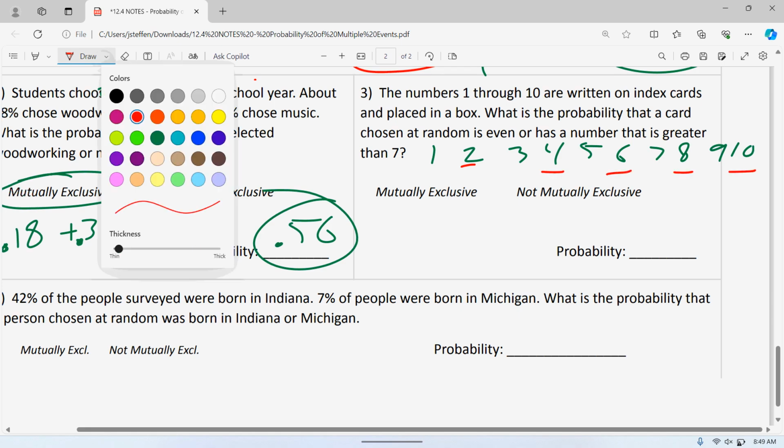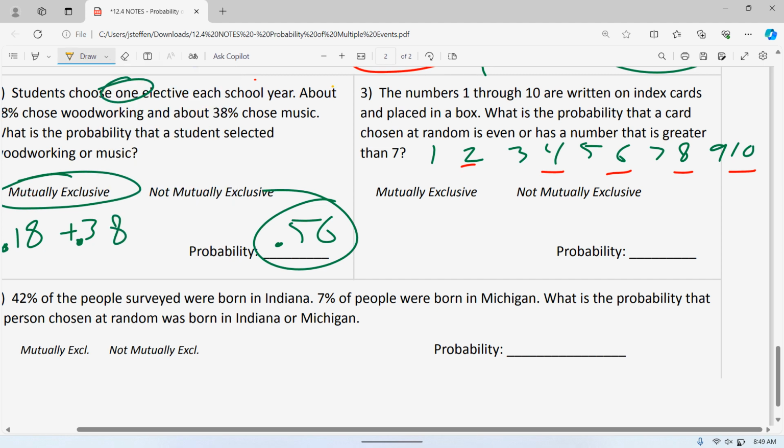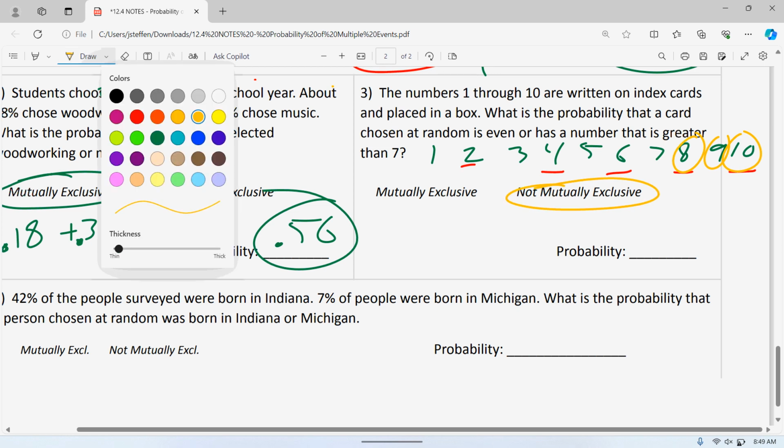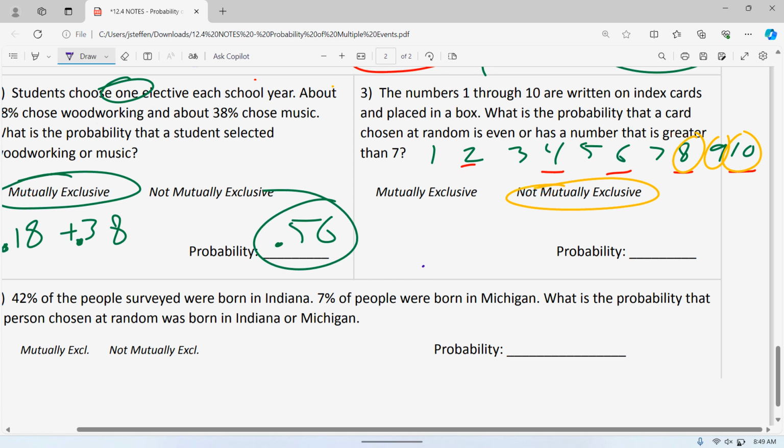The numbers bigger than 7 I'm going to circle. That's 8, 9, and 10. Are there numbers that are both circled and underlined? Yes, there are. So they do not exclude each other, so they are not mutually exclusive. Listing them all out like that helps sometimes.